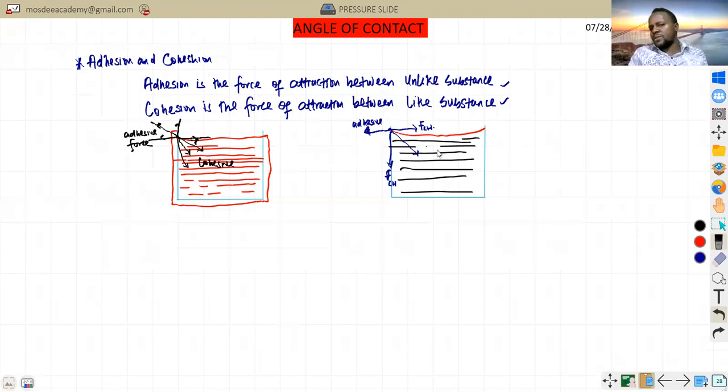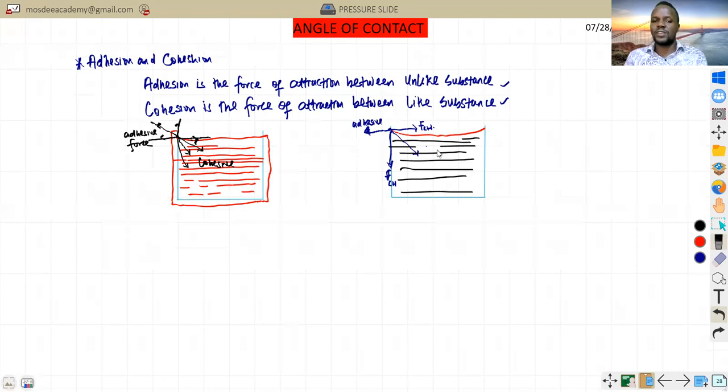For example, if the horizontal cohesive force is greater than the adhesive force, the meniscus will look a certain way. If the horizontal adhesive force is greater than the cohesive force, the shape will look another way. Always keep that at the back of your mind.